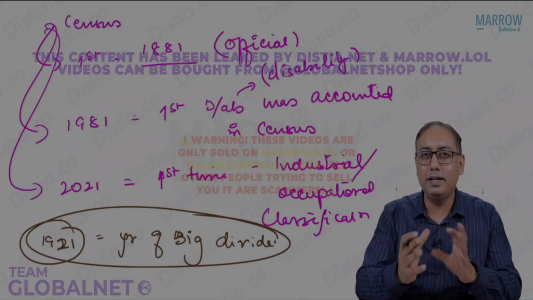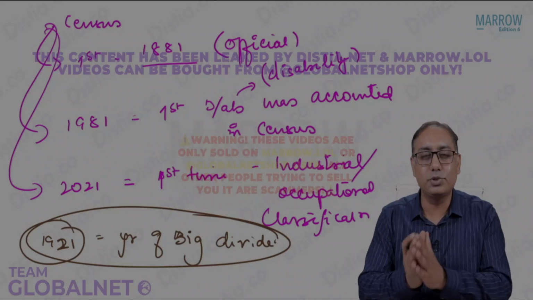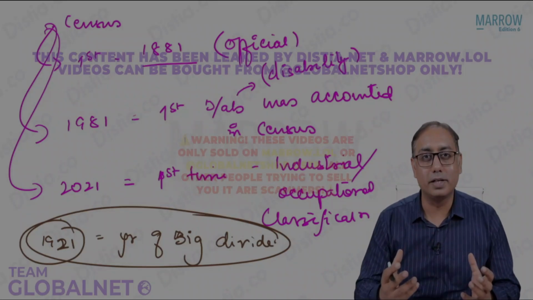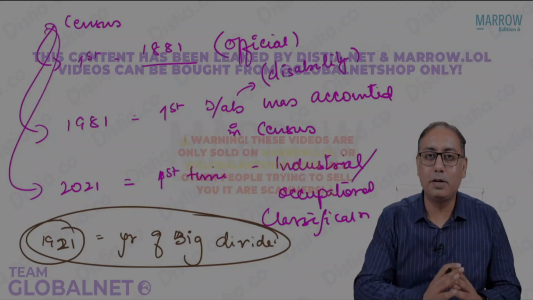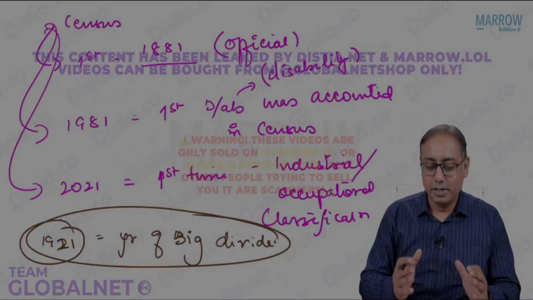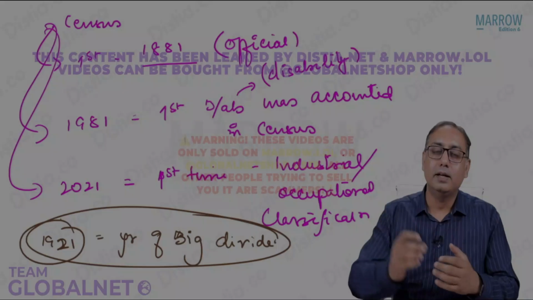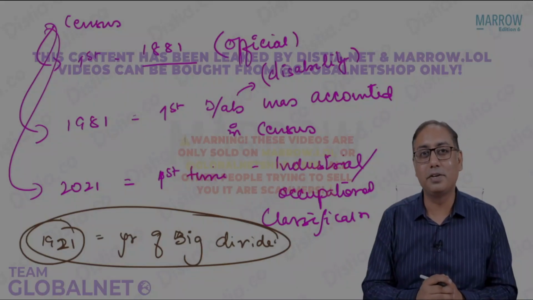India was probably planning to enter or had almost entered phase 2, where we see rapid growth rates. I hope you remember it from the first module in demography where we discussed the demographic cycle. So 1921 is called the year of the big divide because India started showing a rapid increase in the growth rates after 1921.